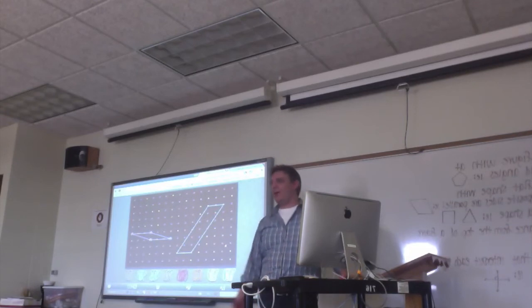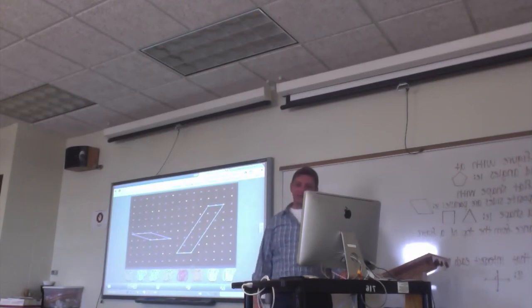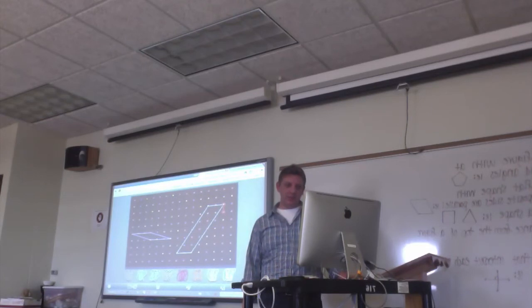Now, how about the height for this one? 4. 4, let's take a look at that. If we're looking at it like this, we want it to be perpendicular to the base. So I think a good thing to do would be to extend this base out so we know where it's perpendicular, underneath this line here, to go right down to there.